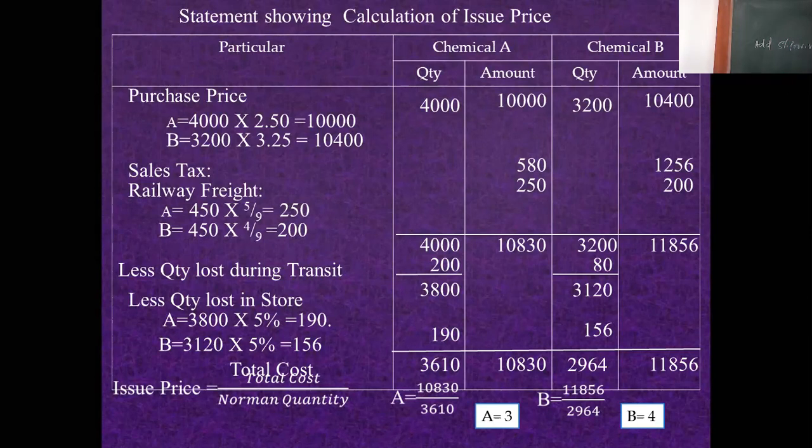What is 5% of 10,830? You calculate. 541.5, and here 592.8.